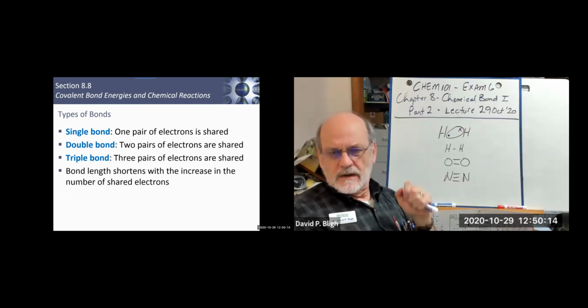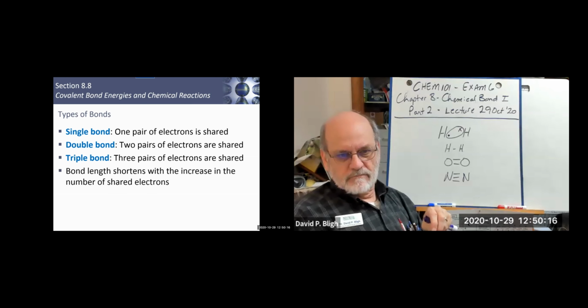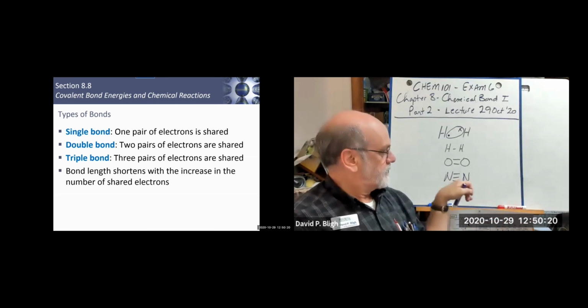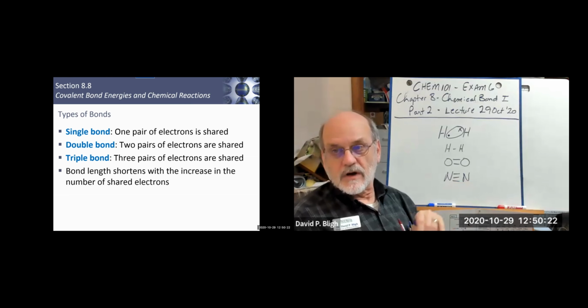which is why a lot of the nitrogen, all of the nitrogen in our atmosphere is this kind, because it's a very stable bond.